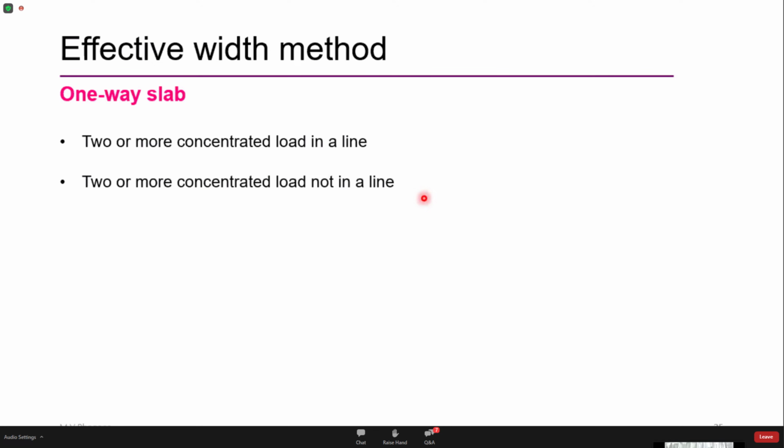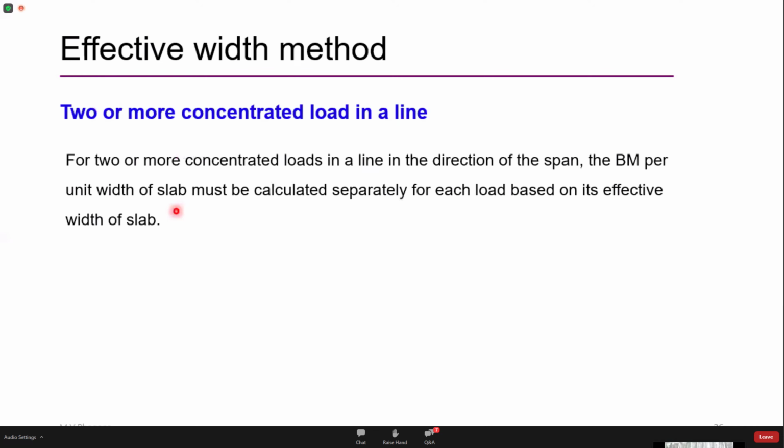We need to calculate the effective width of the load on the deck slab for both these cases, and then calculate the bending moment and the shear force. We'll take these cases one by one. First, I'll define these two cases, and then in the design example, I'll explain how things have been taken care of. So the first condition is when two or more concentrated loads are acting in a line.